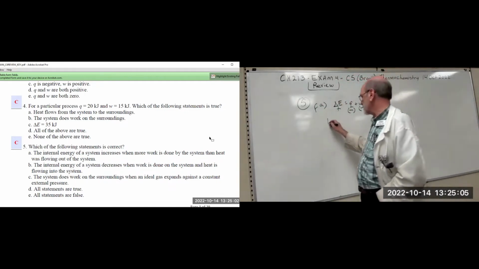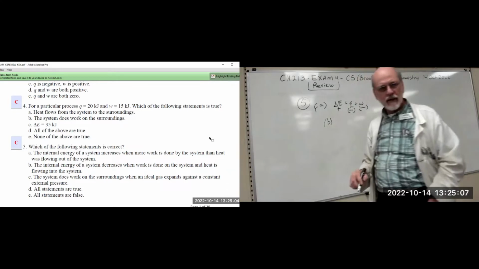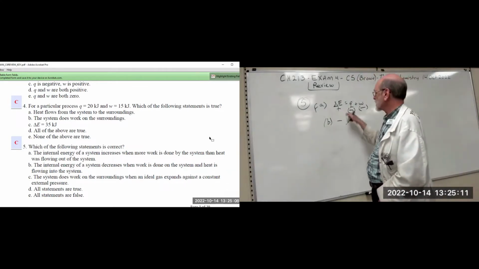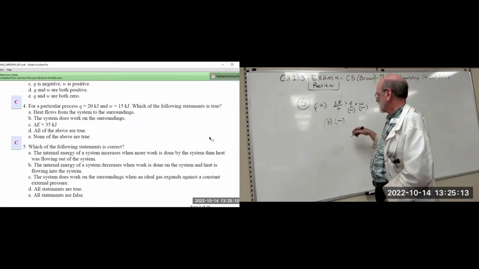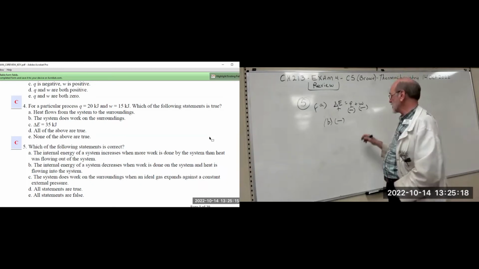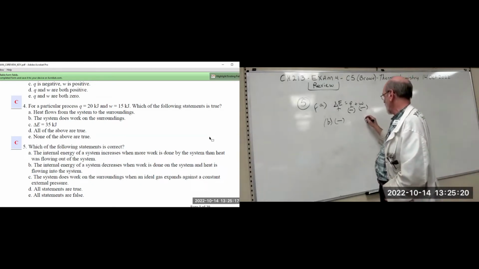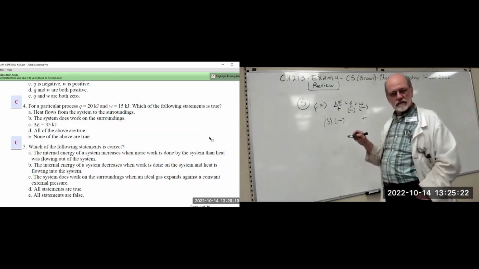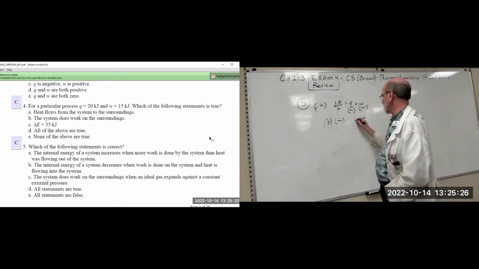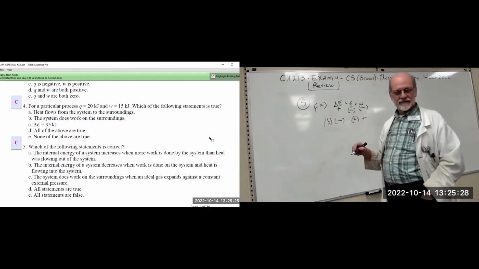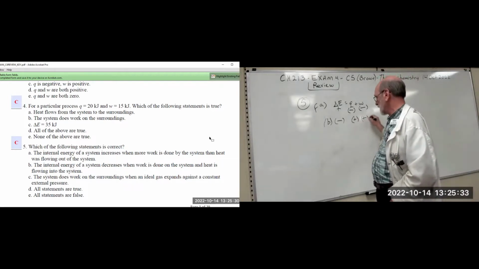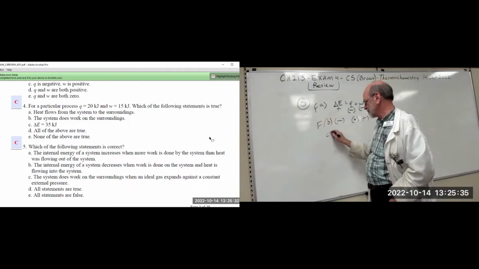How about B? The internal energy of the system decreases. Okay, so this time we're going to do negative. Decreases when work is done on the system, and heat is flowing into the system. Right? That's just the flip side. You can't get a negative from 2 positives, so that one's false.